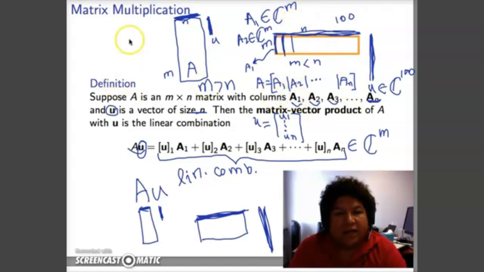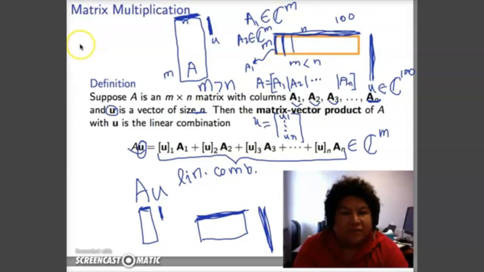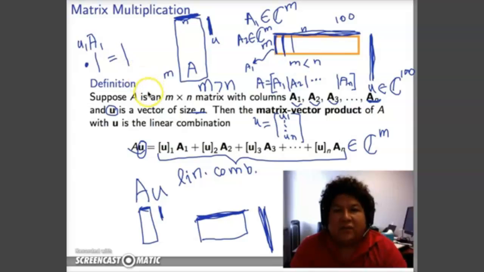You multiply, say, this product, u sub 1 times A1. This is something that looks like scalar times column. This itself is a column vector, right? So that scalar times column vector multiplication is still a vector in C^m.